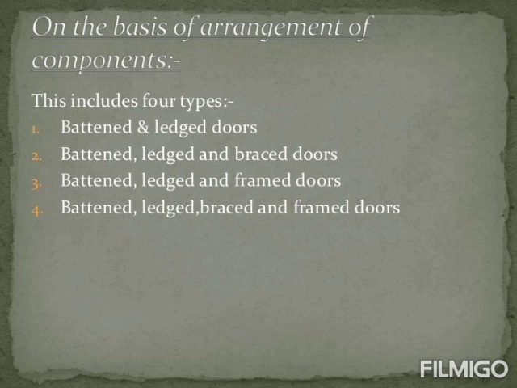On the basis of arrangement of components, there are 4 types of doors: battened and latched doors, battened, latched and braced doors, battened, latched and frame doors, battened, latched, braced and frame doors.